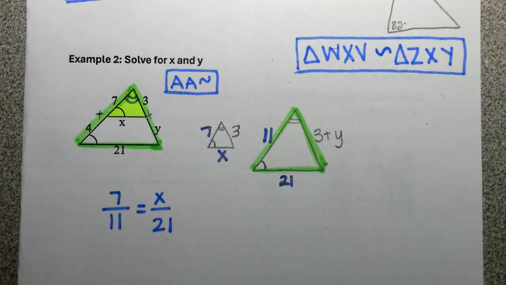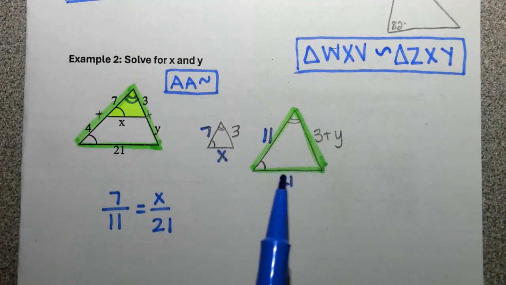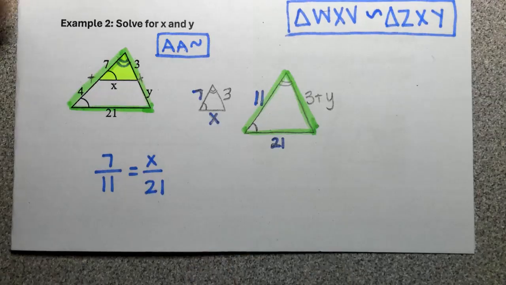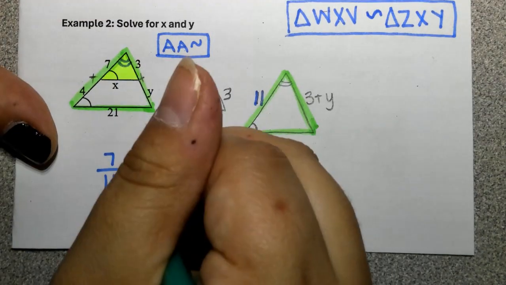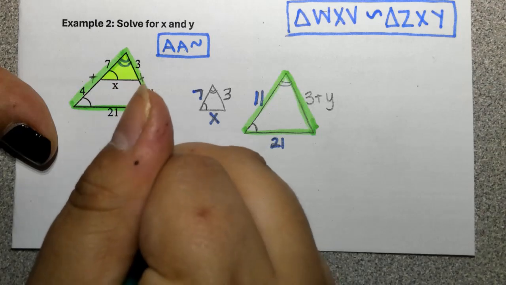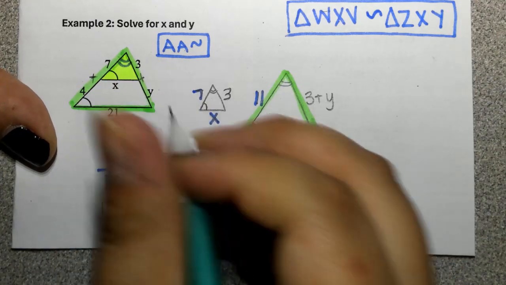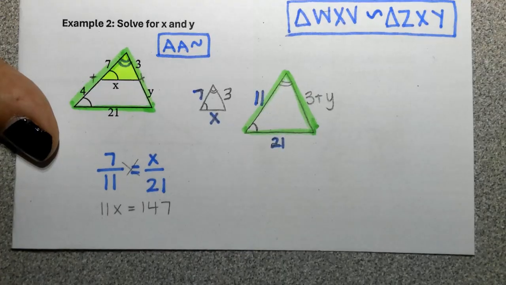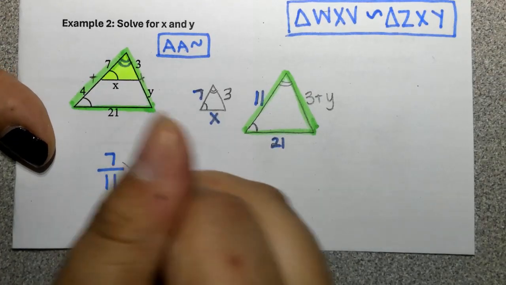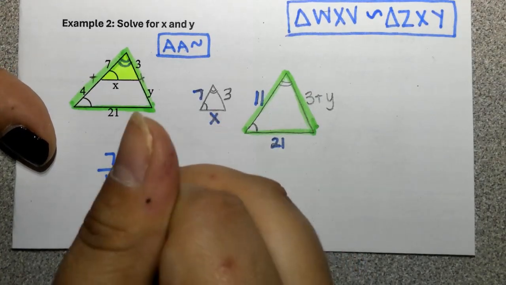Do y'all agree with that? 7 goes with 11, x goes with 21. And what do we do to find x? Cross multiply. And what am I going to do next? Divide.